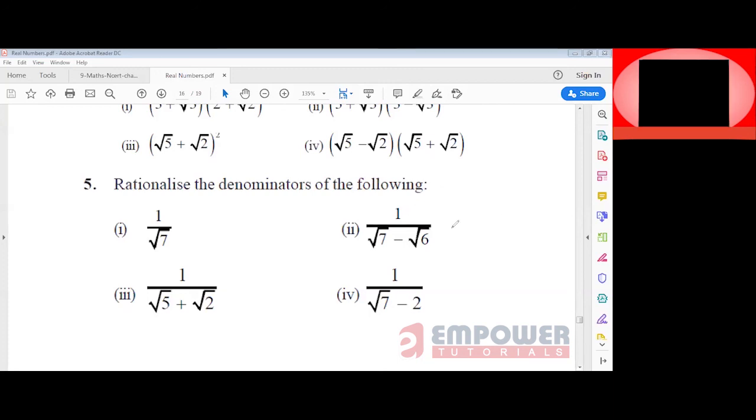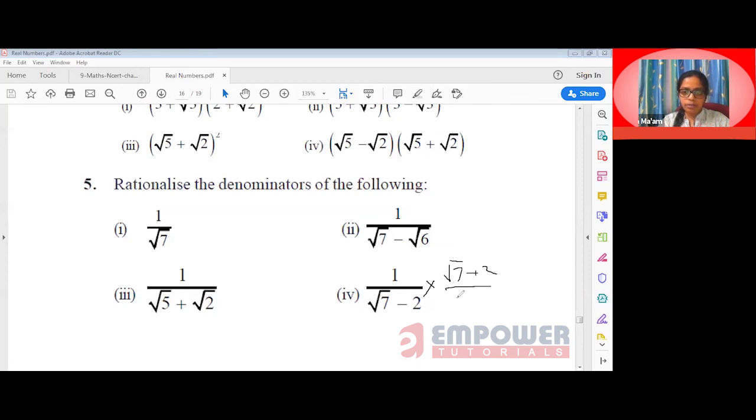Tell me the next one. 1 upon root 7 minus 2 into root 7 plus 2 upon root 7 plus 2. Very good. So which will be equal to root 7 plus 2 upon root 7 square minus 2 square. In the numerator you will have root 7 plus 2, and in the denominator you will have root 7 square minus 2 square.